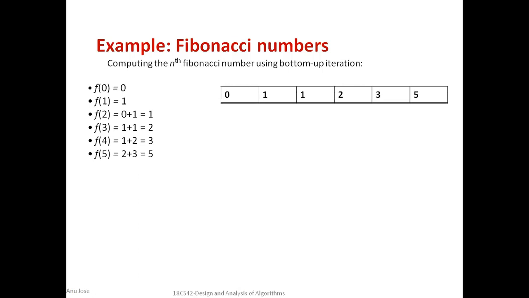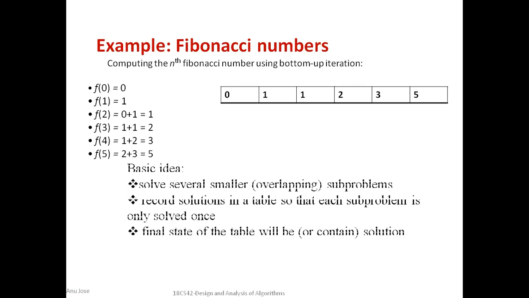So overall, we can say that dynamic programming has smaller overlapping subproblems, and it will calculate the solution of the smaller subproblem only once, and it will be recorded, and the final state of the table will be the solution for the given problem. So the problem will be solved step by step by taking different decisions.